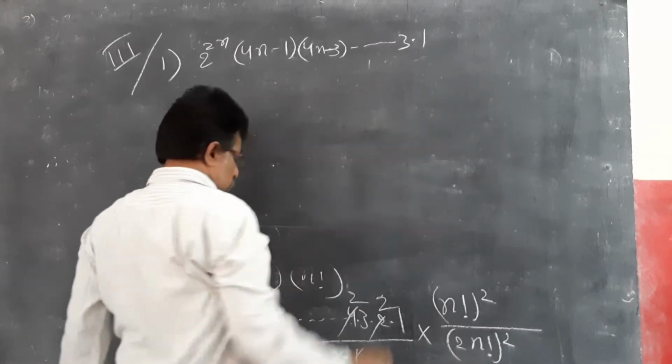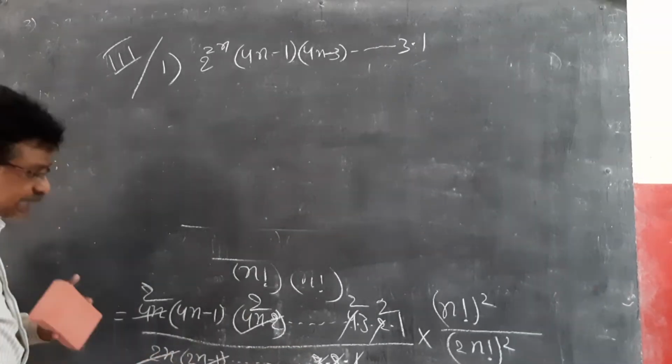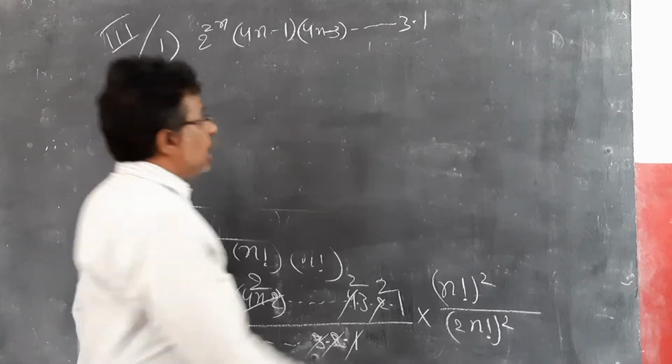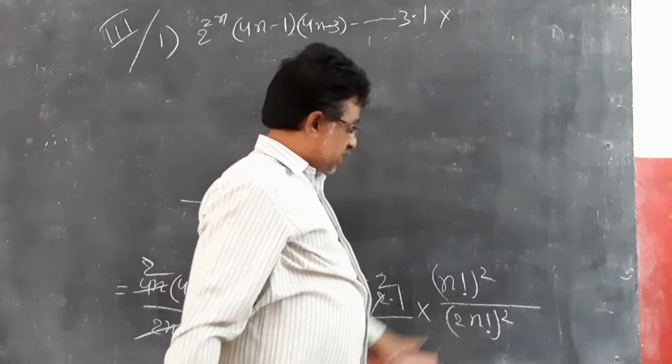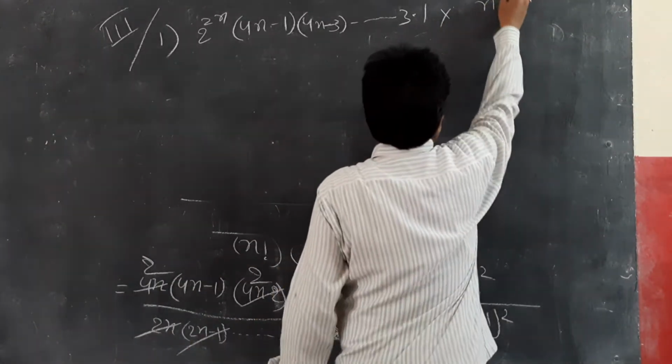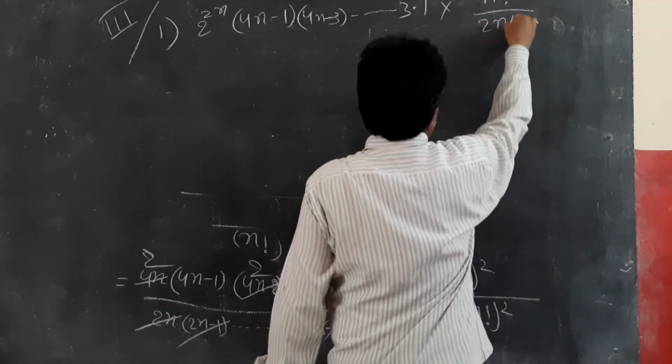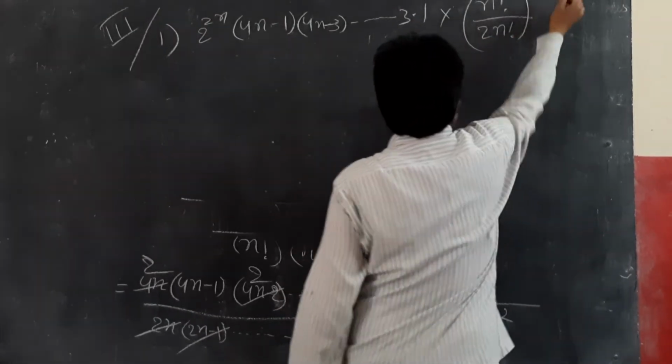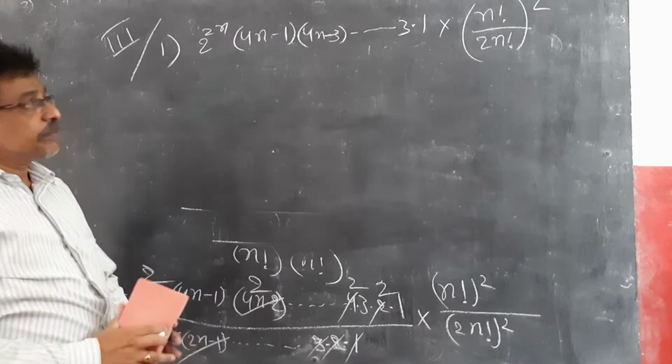Odd terms are left and in the denominator every term got cancelled. The 2n factorial by 2n factorial whole square I'm writing as is.